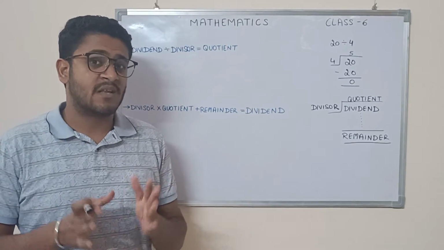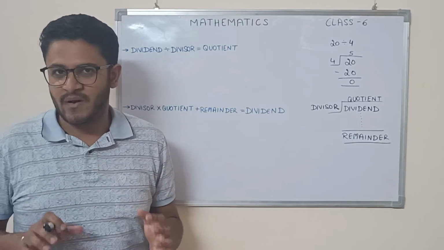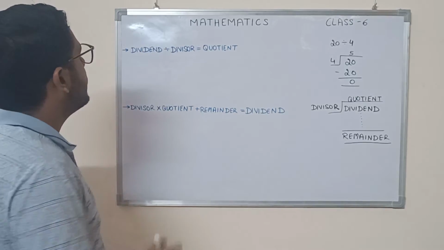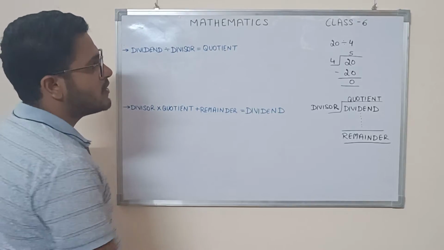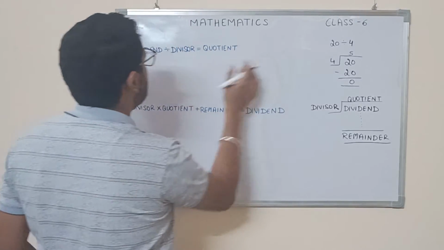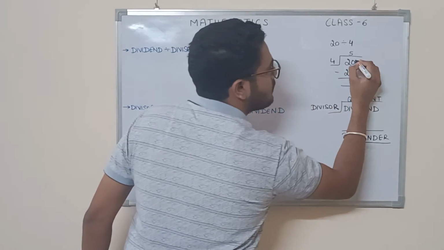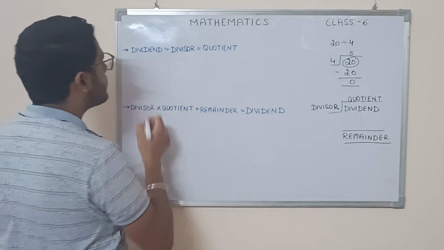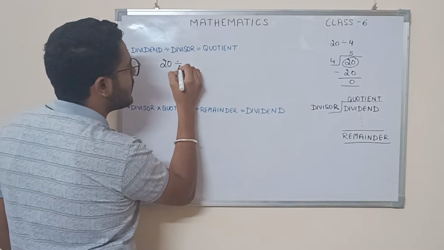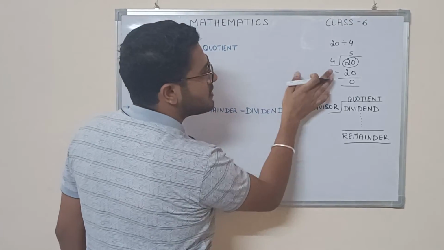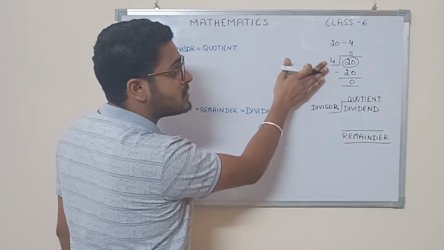Now that we discussed dividend, divisor, quotient and remainder, let's understand this thing. Dividend divided by divisor will give us quotient. For example, in this example, our dividend was 20. So 20 divided by divisor. Divisor is the number with which we are dividing.